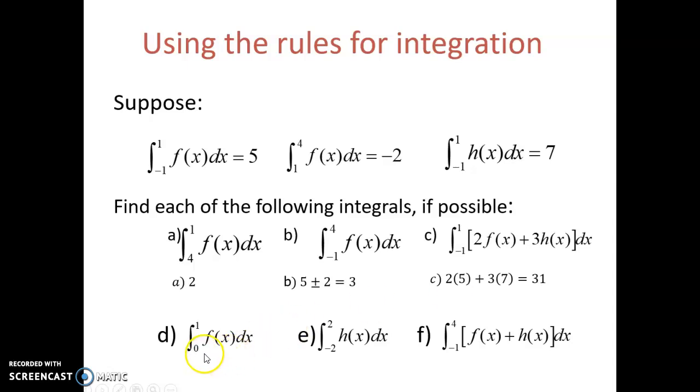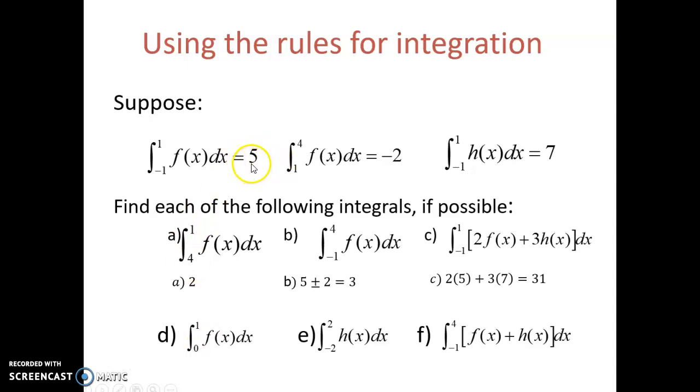Part D says, can we find the integral from 0 to 1 of f of x? Well, let's see. If I look at this first one, it seems as though I should say, well, from -1 to 1, and going from 0 to 1, that's halfway across. But we cannot make that assumption.